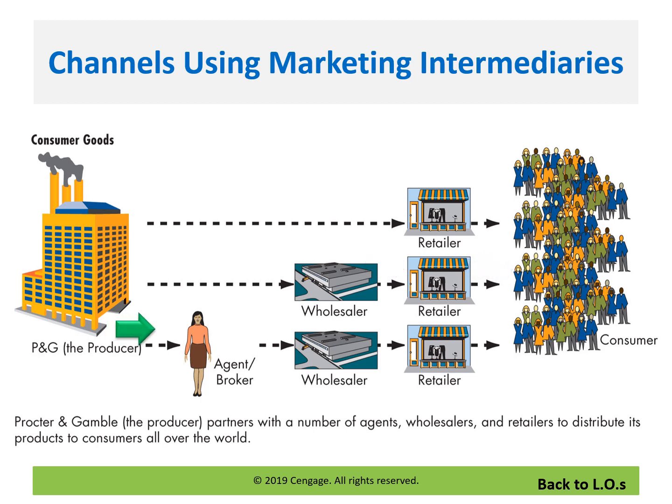The third is from the producer, through agents or brokers or middlemen, then the wholesaler, then the retailer, and then to the customers. For example, Procter & Gamble, which is a producer, partners with a number of agents, wholesalers, and retailers to distribute its products to consumers all over the world.